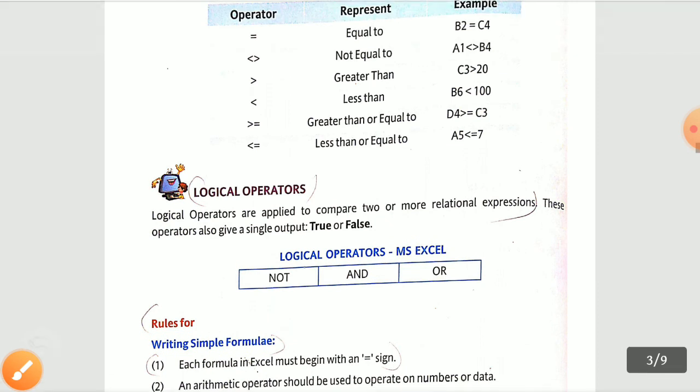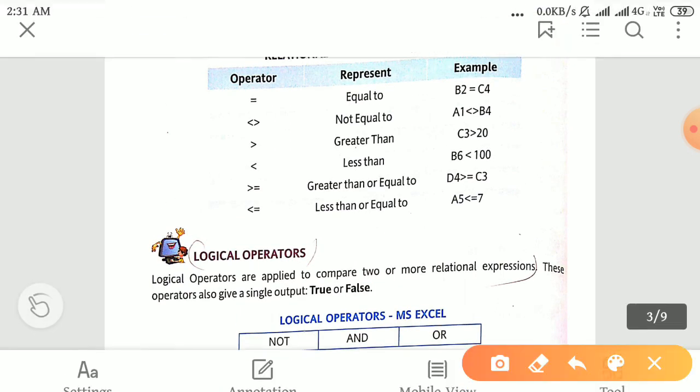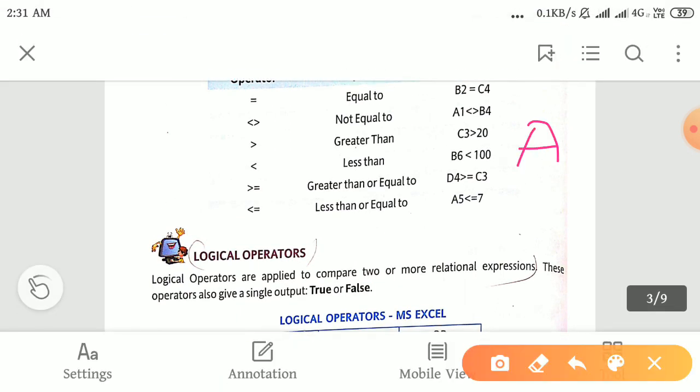So in total we have seen that we are having three kinds of operators. First one is arithmetic, second is relational, and the third is logical, right? Arithmetic means mathematical calculation we are doing, plus, minus, multiply, and all these things. Relational means it is comparing two values and giving you either a true or false result, right?